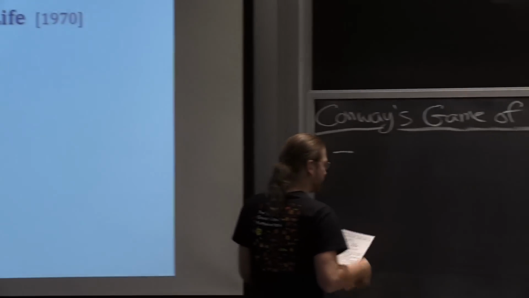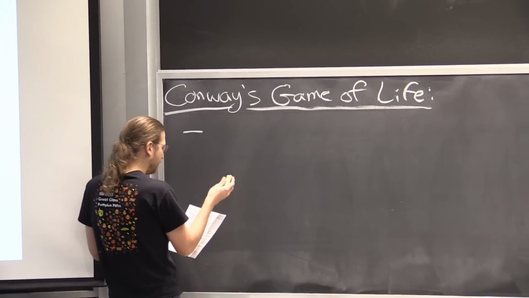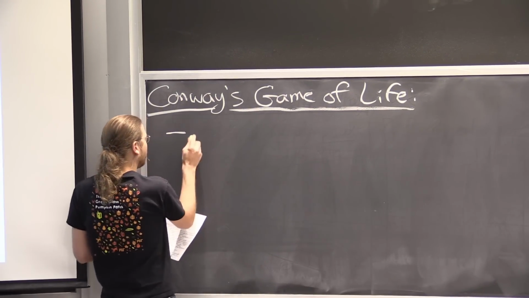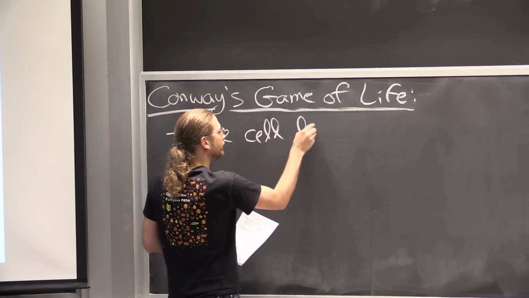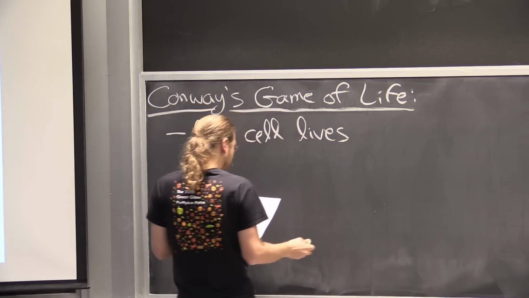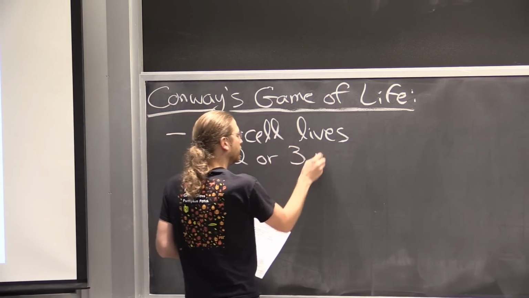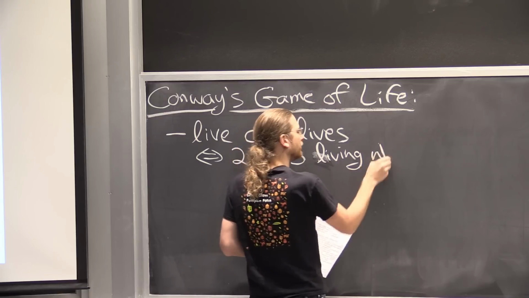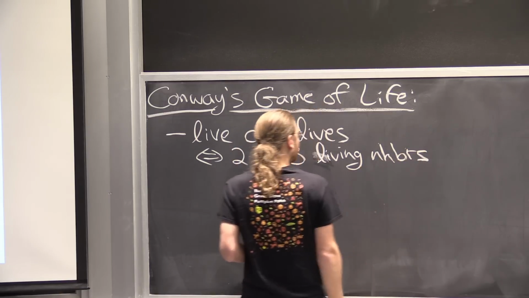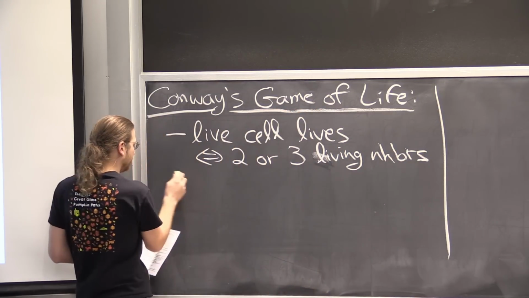And you have this iteration, every cell in parallel updates. In general, this is called a cellular automaton. And if we have a living cell, it will continue to live if and only if it has two or three living neighbors. This is among the 8 neighbors in the eight-way adjacency.